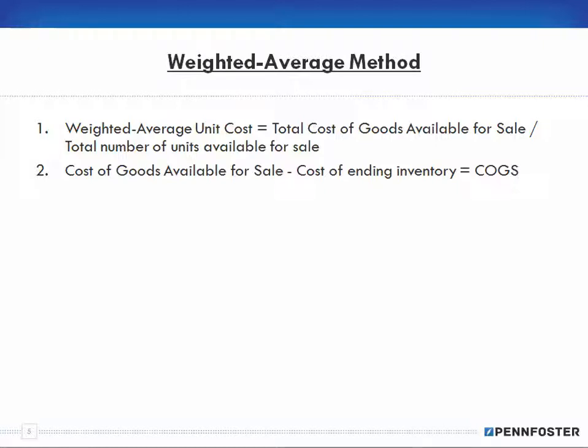In specific ID, if you have 500 cars at $40,000 each, your inventory value is $2 million, because it's relatively easy to do.